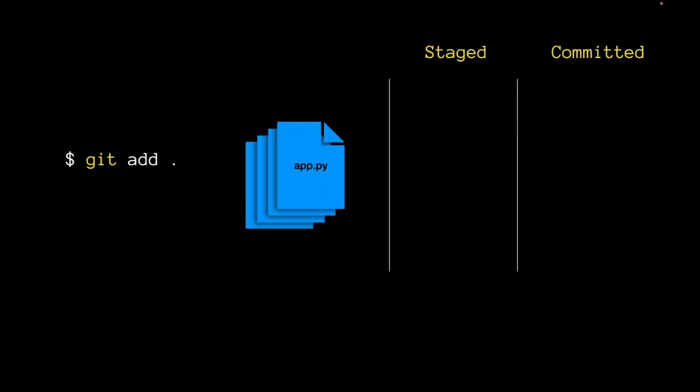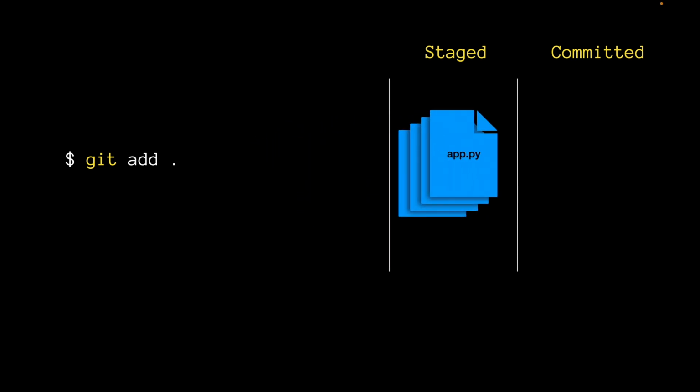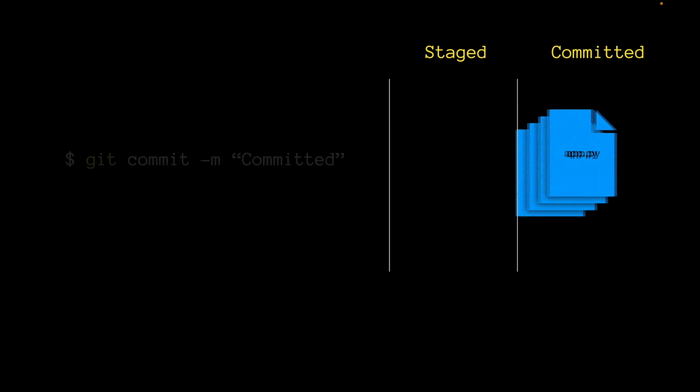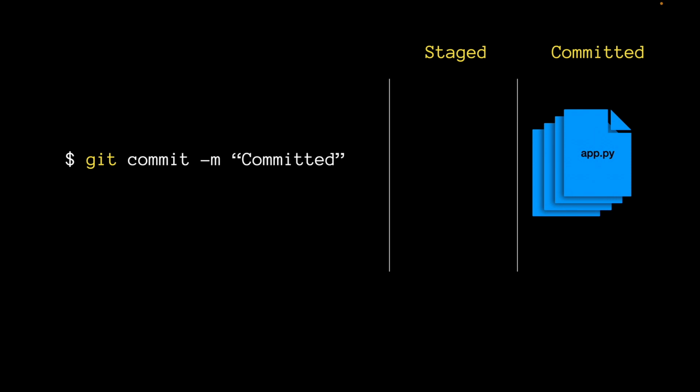Now when we say git add dot or git add the file name, the particular file goes to a staging area, or the file has been staged. Again, when you type git commit with a message, then the file is finally committed and a checkpoint is created in the local memory.